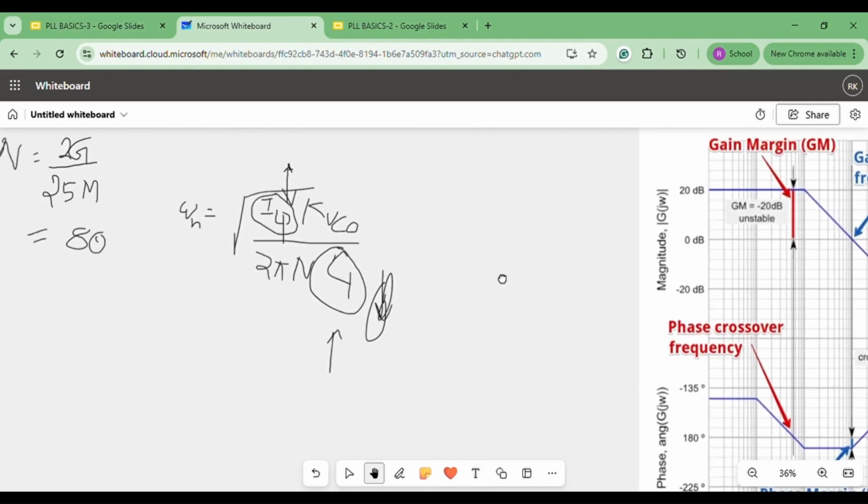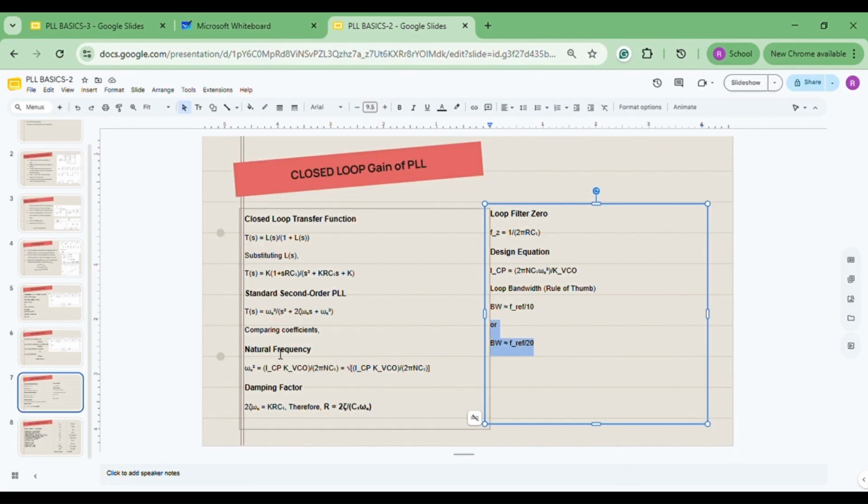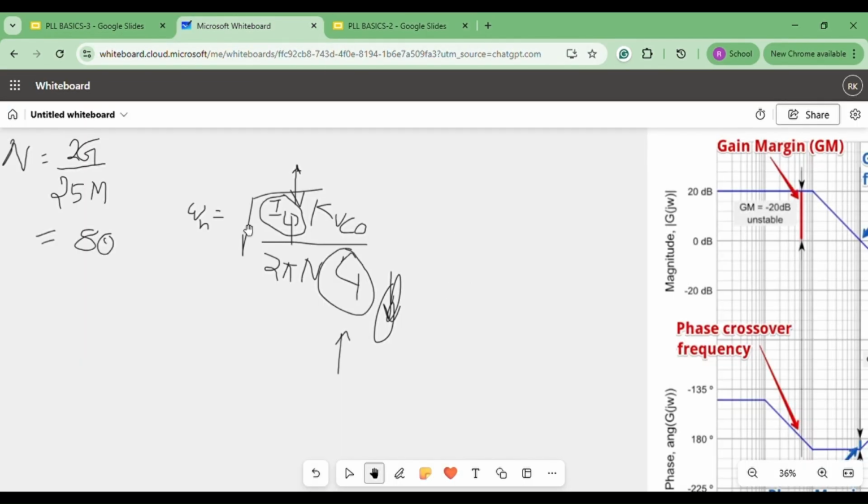But since we didn't get 1.25 megahertz, we tweaked some values. This was the bandwidth formula from the last class, by comparing the standard equation and the closed loop system. So we got bandwidth equal to ICP times KVCO divided by 2 pi times N times C1.